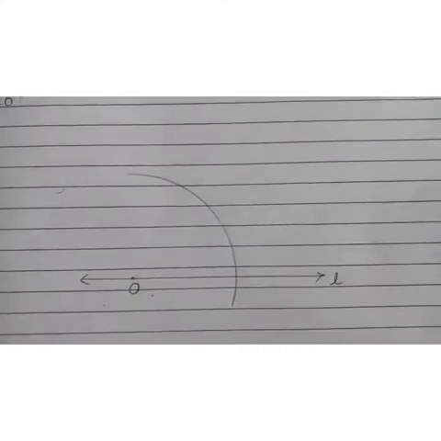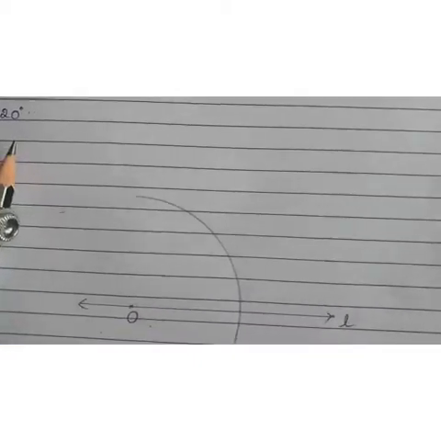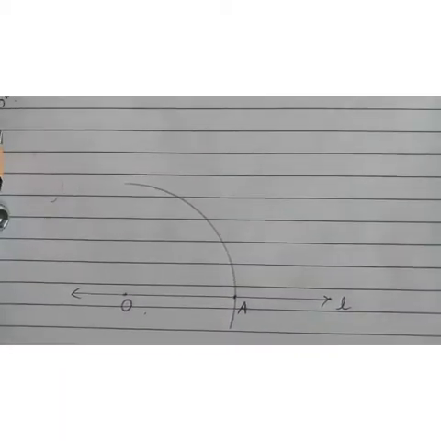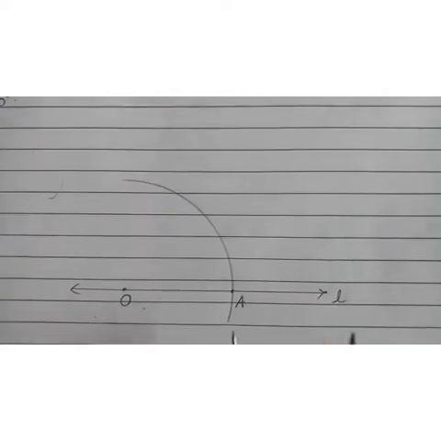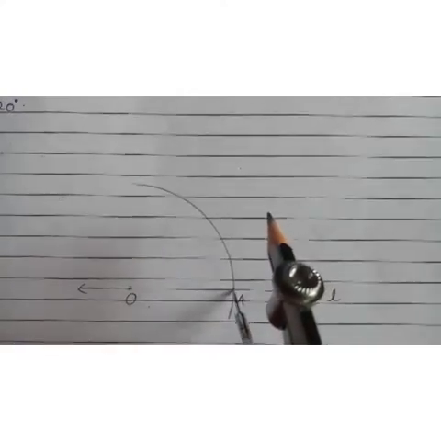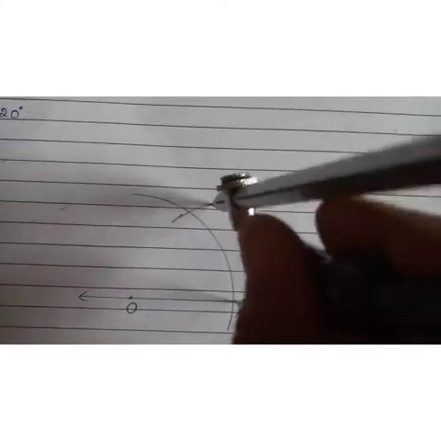I will take this much and then I will draw an arc like this. Now I have got a point here, isn't it? Mark this point as A. Now with A as center and same radius, you cut this arc. So when you cut this, you get 60 degrees, not 120.